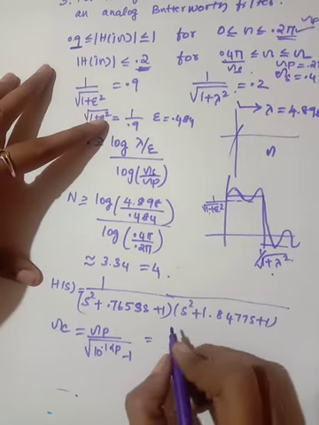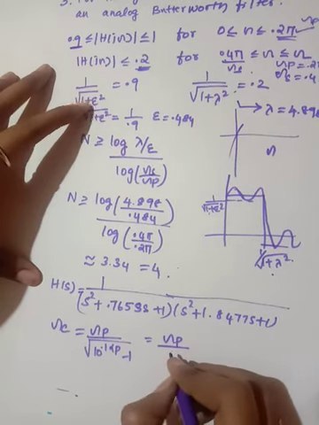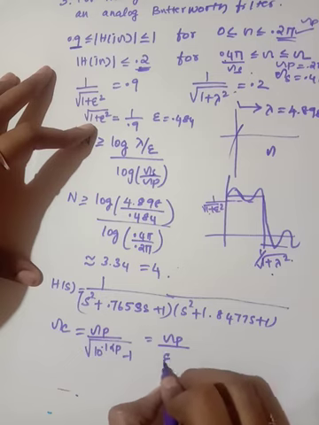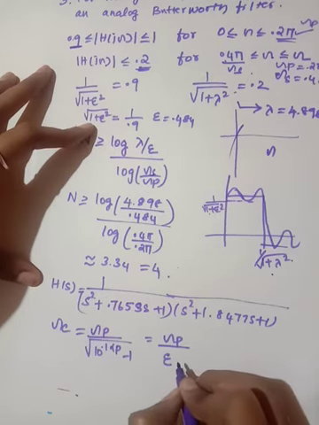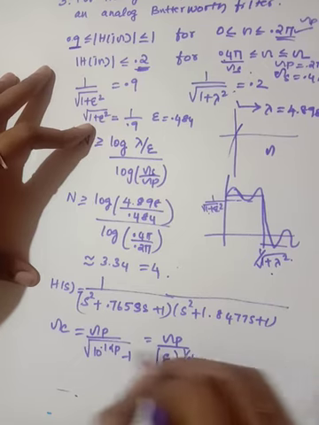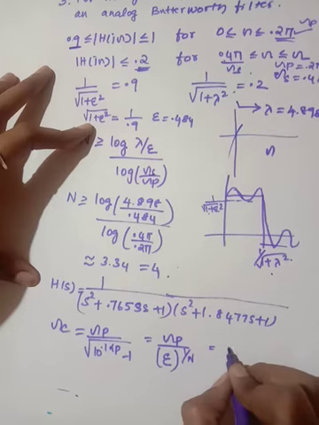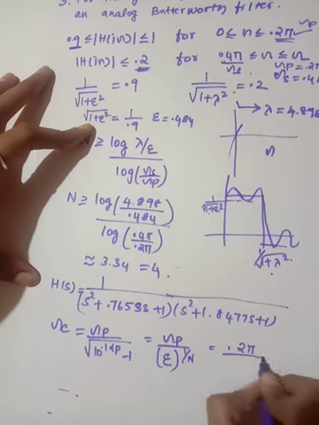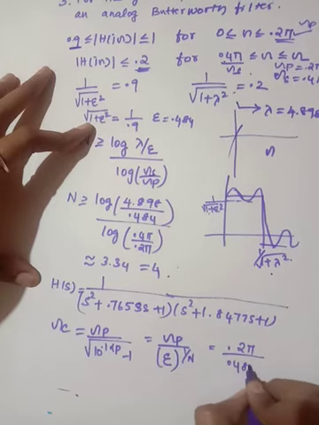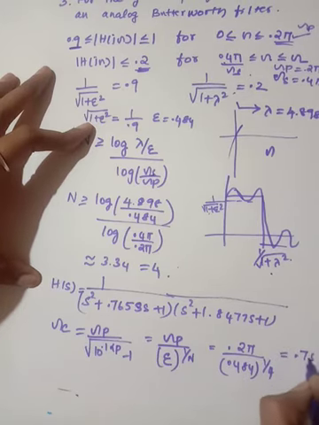Here we are not having alpha p, but we know this is equivalent to epsilon, right? So here it is epsilon the whole power 1 by n. Because this is square root, 1 by 2, you will get 1 by n. So here 0.2 pi divided by 0.484 the whole power 1 by 4, which is equal to 0.754.